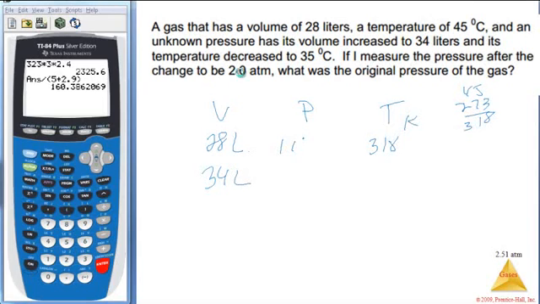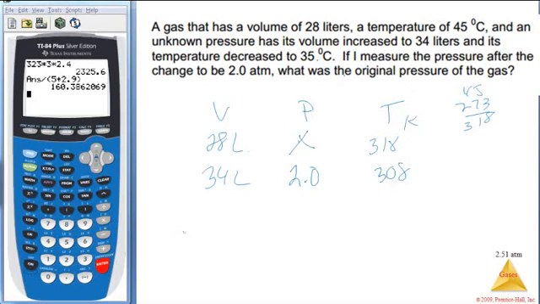The pressure initially, I don't know. Unknown pressure. I'm trying to find the initial pressure. If I measure the pressure after the change and it's 2.0, and the temperature goes down to 35, so that would be 308 K, right?